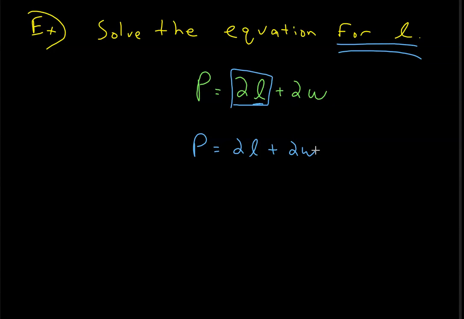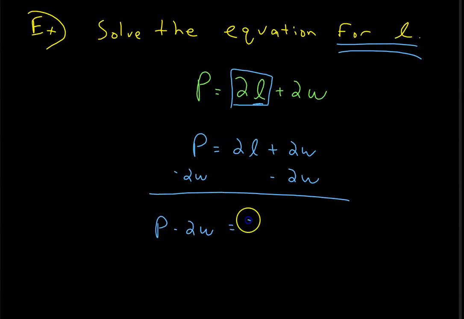I would first subtract away the 2W. And that will give you P subtract 2W equals 2L. And my final step will be to divide away the 2.